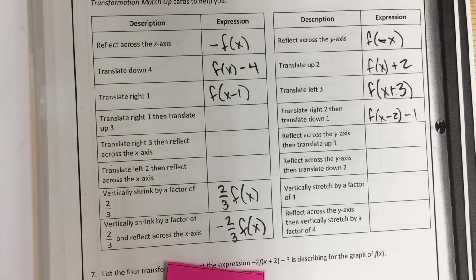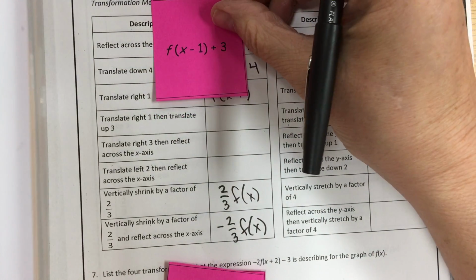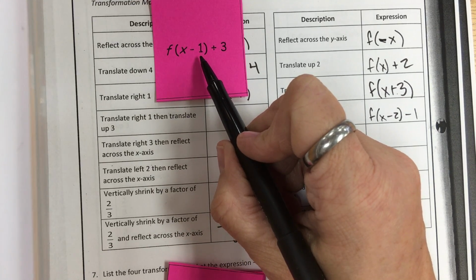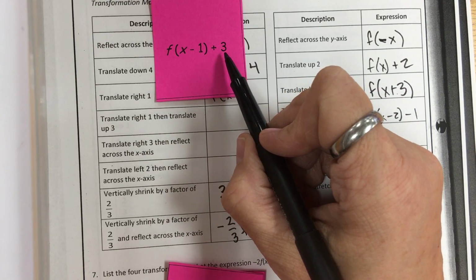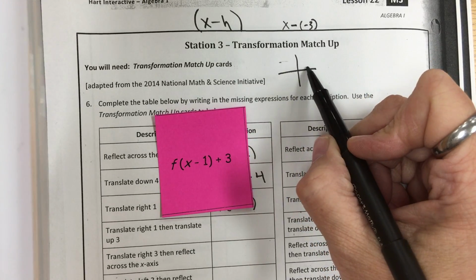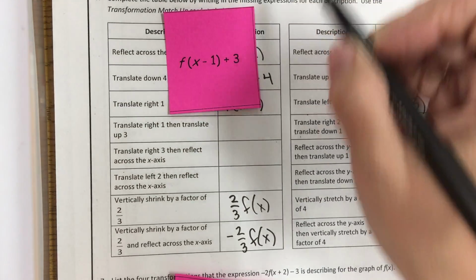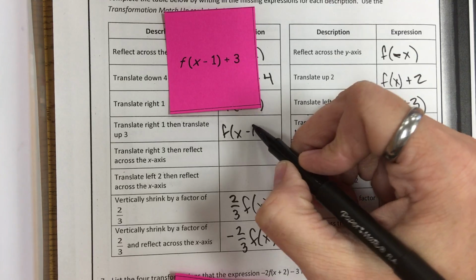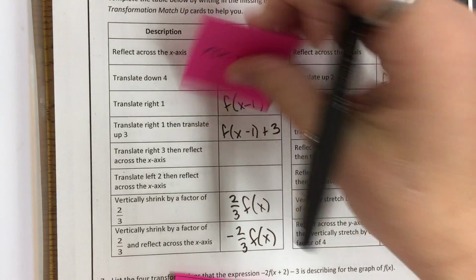Then I'm going to take, I think, this one. This tells me I'm going to add 1 to the x, then I'm going to add 3, so I'm going to move right 1 and up 3. Right 1, up 3. So f of x minus 1 plus 3.